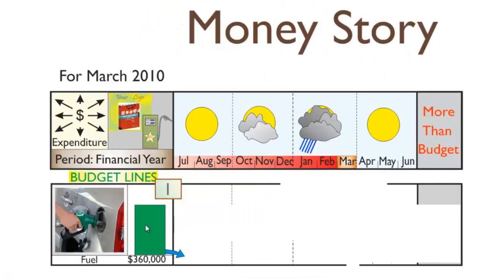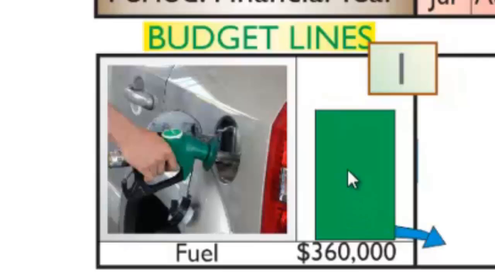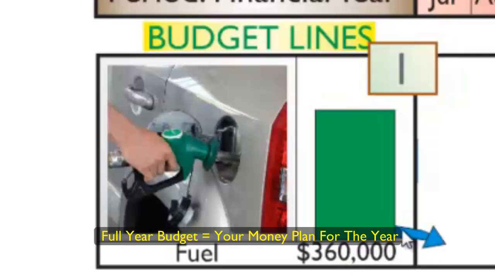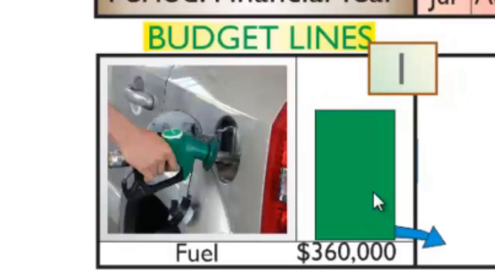And here we've got a green bar. The bigger, or should we say the higher the bar, the greater the amount. And notice here the cue for the person that's viewing, that this is actually flowing out. So a budget in simple plain English is a money plan, and we've got $360,000.